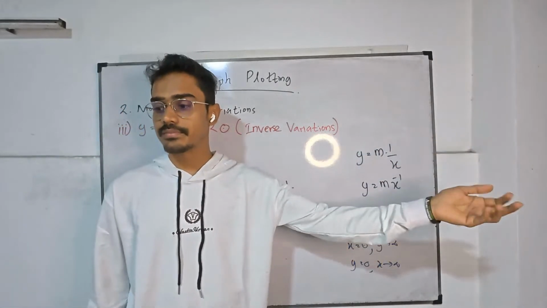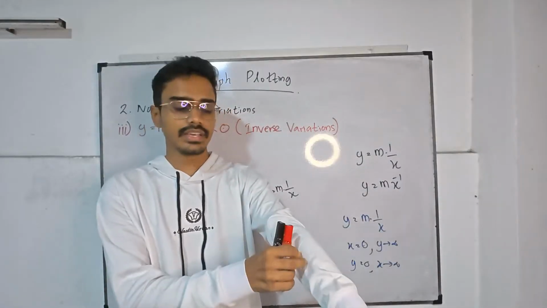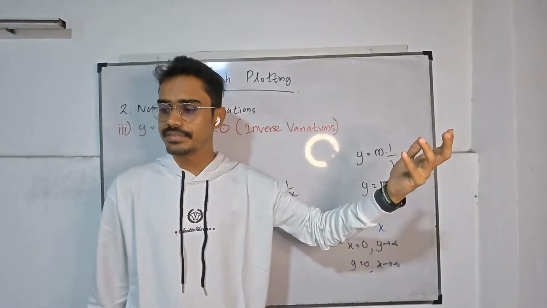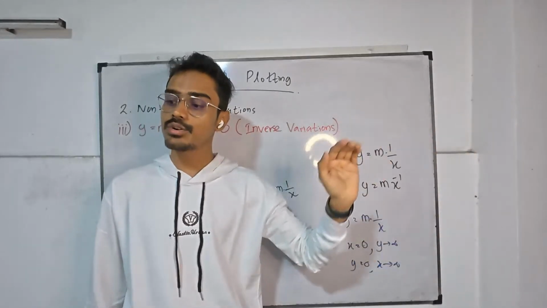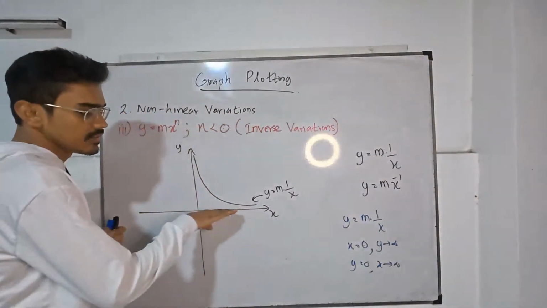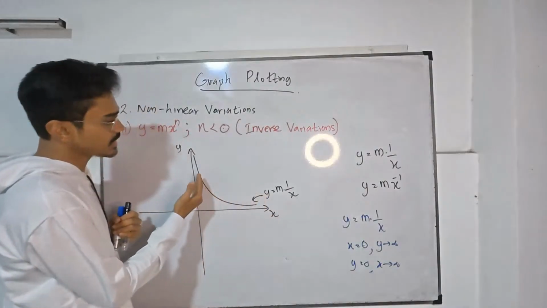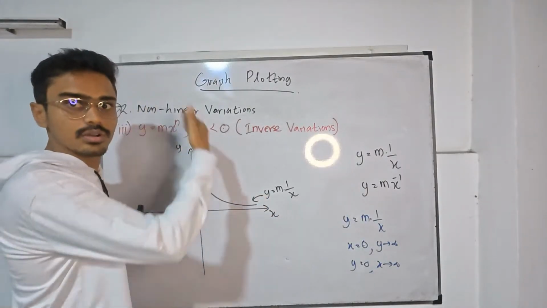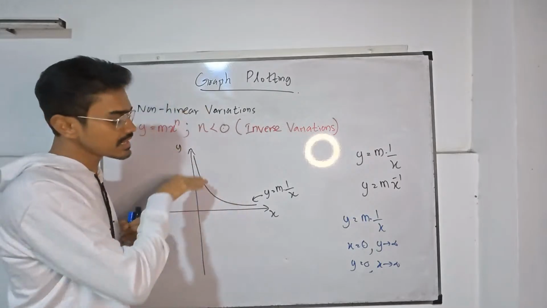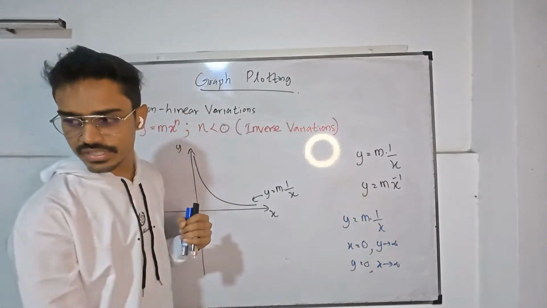Otherwise, we can't plot infinity because infinity is not defined in reality. It is not a defined point. So therefore, to show that it goes up to infinity, we are making it parallel with the axis. Here also same. I'm making this parallel with the axis to show that it goes to infinity from this side and it goes to infinity from that side as well.